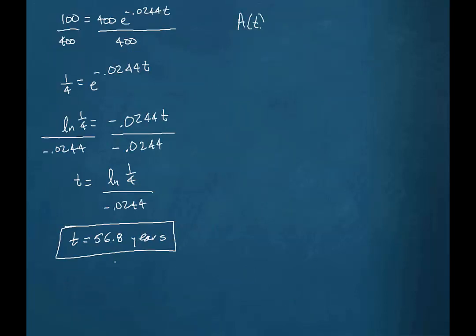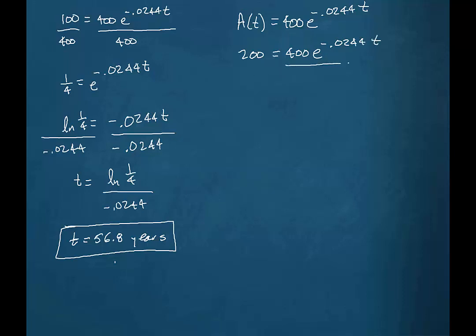Our expression is A(t) equal to 400 times e raised to the minus 0.0244t. So the question is, when will 200 grams remain? So we'd have 200 equals 400 times e raised to the minus 0.0244t.